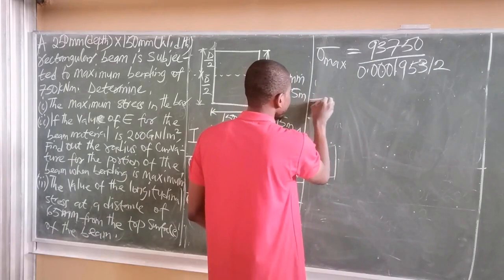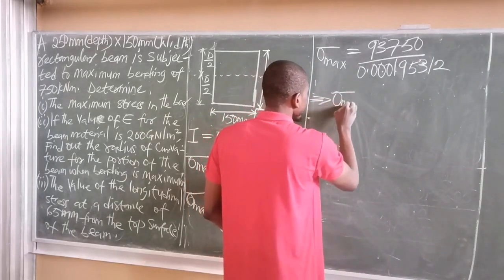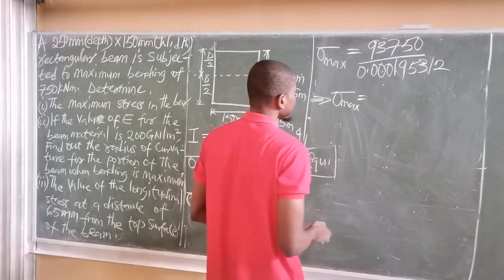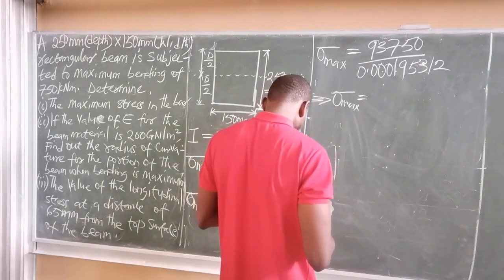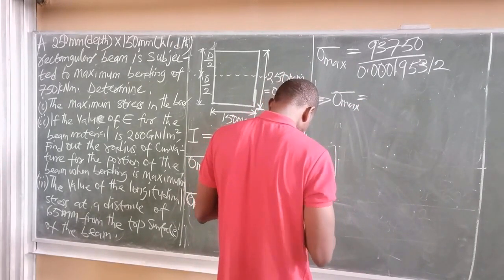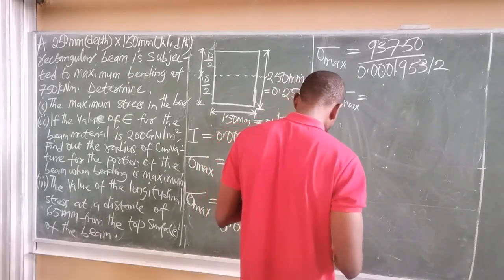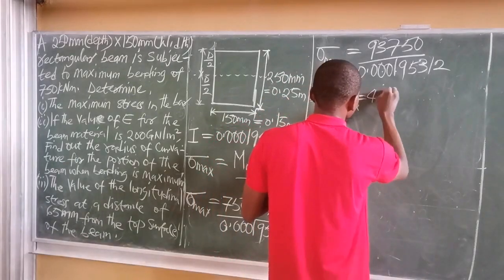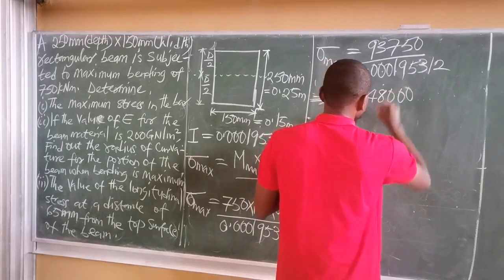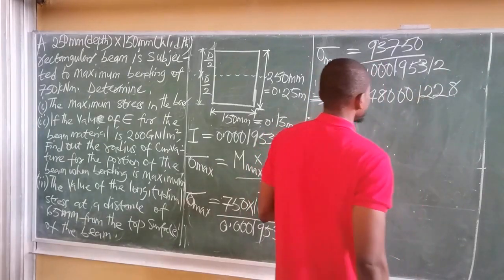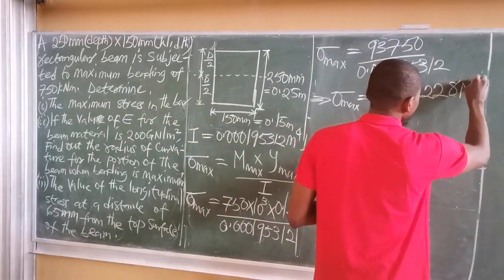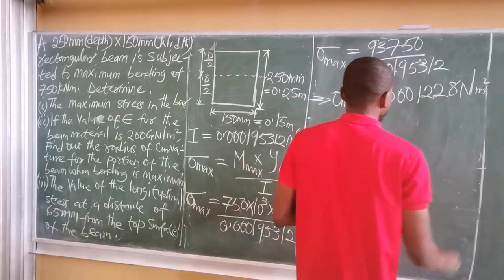So this simply implies that the maximum stress is equal to 480001228 newtons per meter squared.